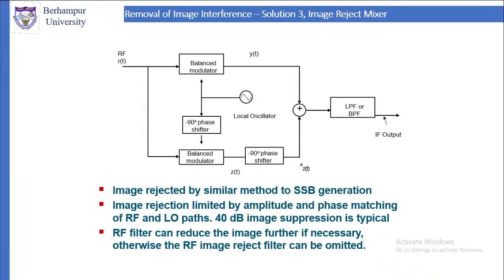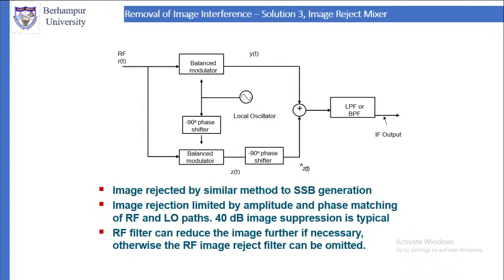Then after the bottom balanced modulator, it goes through a minus 90-degree phase shift, and then they are mixed. The top and bottom balanced modulator outputs are mixed. Then they pass through a low pass filter or band pass filter, and then go to the IF.